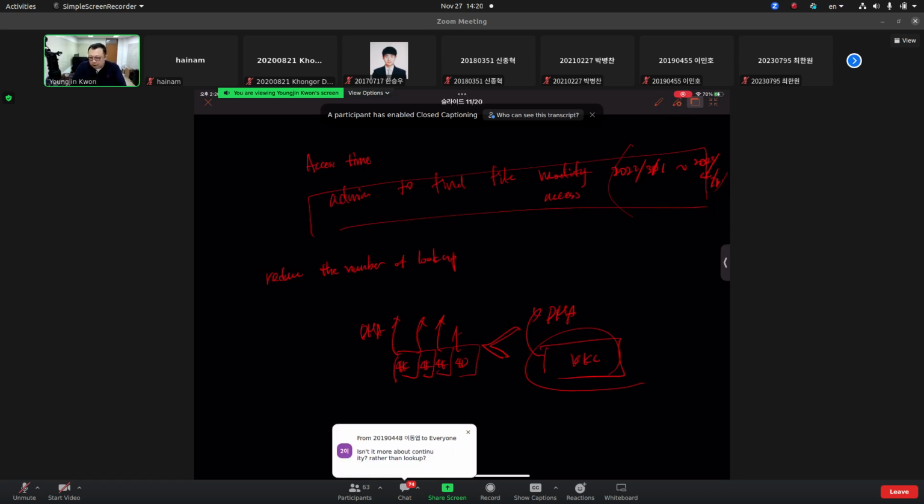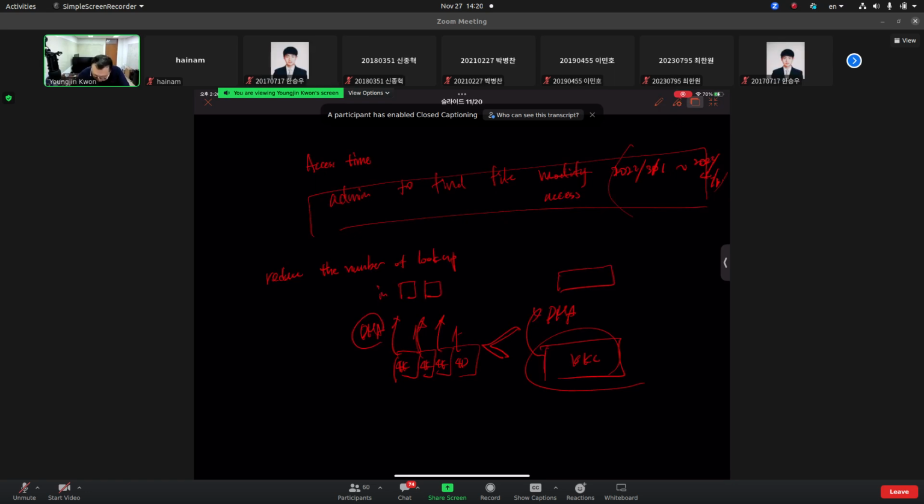Is it more about contiguity rather than lookup? Yes. With small chunks, you have to look up the index and perform one DMA, then look up the index again and perform another DMA. But with one extent, which is a contiguous chunk, you can make one lookup and one DMA operation.